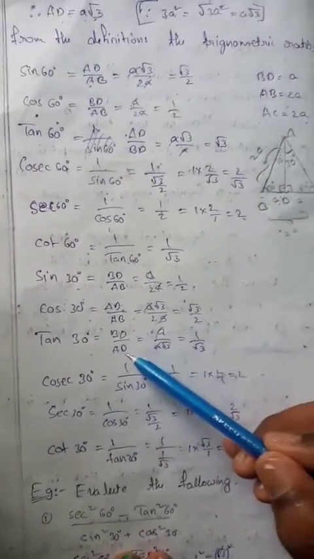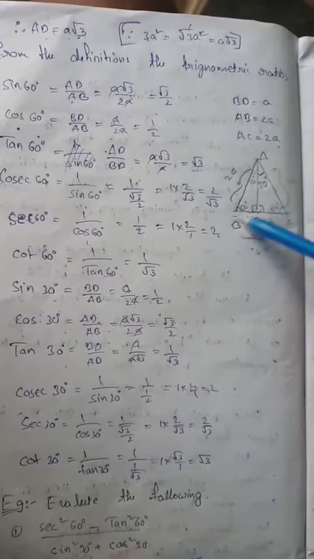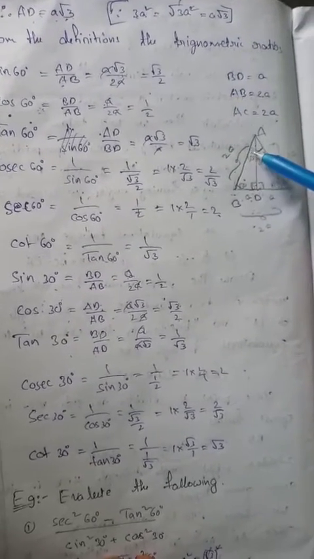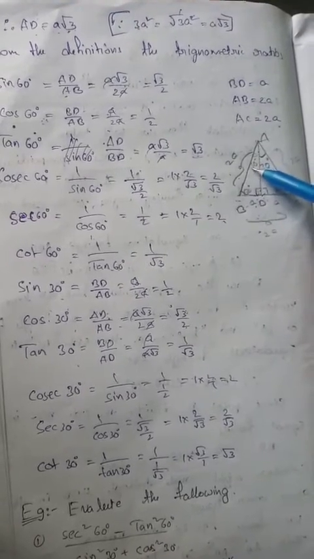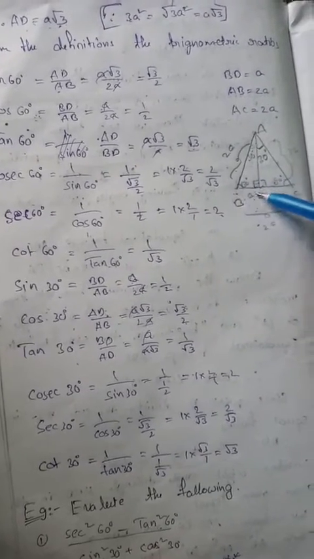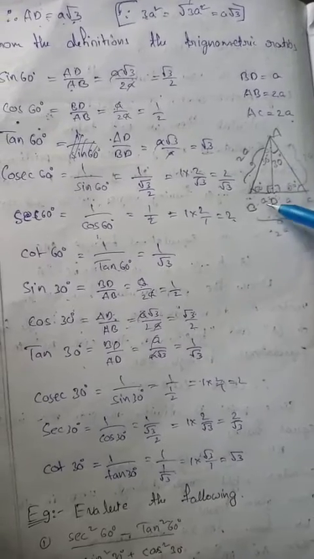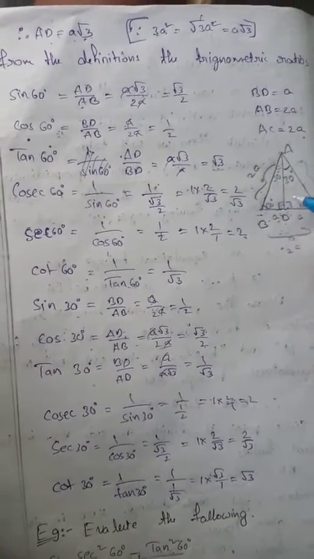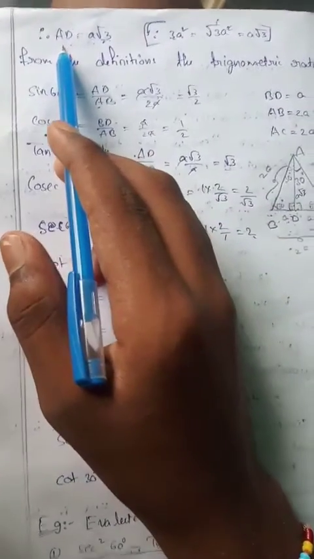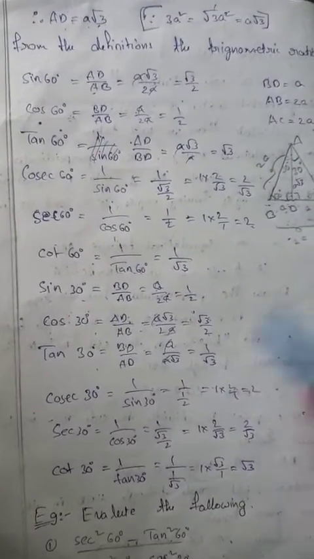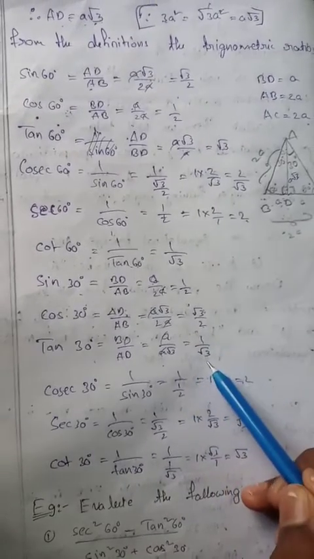Tan 30 equals BD by AD, because we have to take the 30 degrees angle. BD is A and AD is A root 3, as we already found. A by A root 3, A cancelled and 1 by root 3 came.